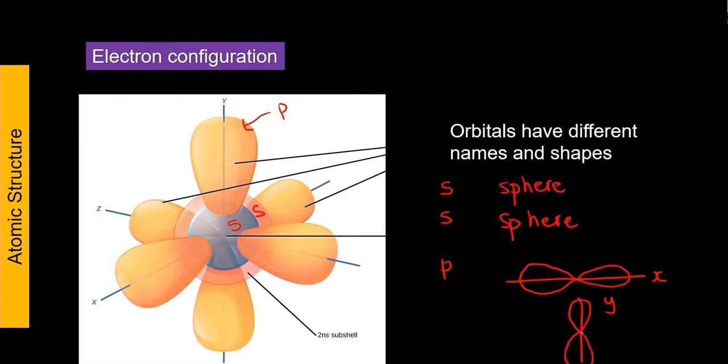And there's the dumbbell shape or the figure of 8. So you can see here, there's the y on the picture. The x in this one is shown that way. Now, because this is a 3D entity, three-dimensional, there has to be a z axis. And so this is how it looks.